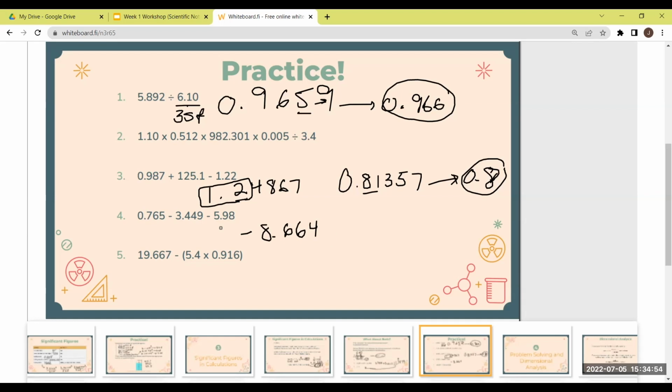And since there's only going to be a total of two significant decimal places because of this 5.98, we're only going to record two significant decimal places in our answer. So we're going to get negative 8.66.